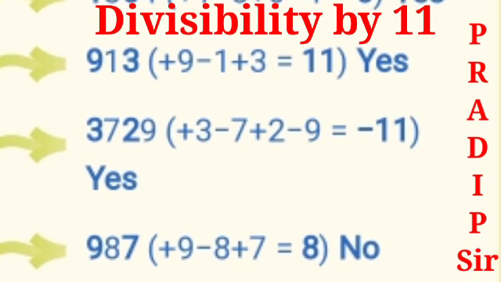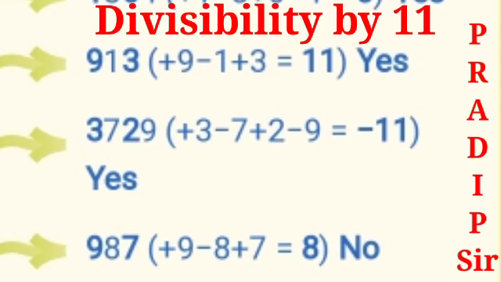If we take 913, first is plus, then is minus. That means 9 minus 1 plus 3 is 11, and the number is divisible by 11. If we take another example, 3729: plus 3 minus 7 plus 2 minus 9 is minus 11 and is divisible by 11. So the number 3729 is divisible by 11.